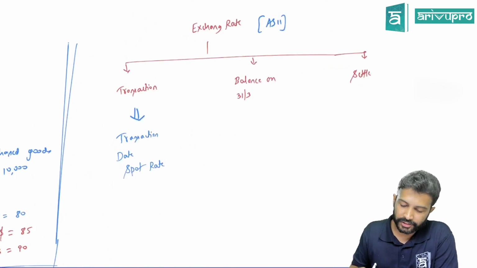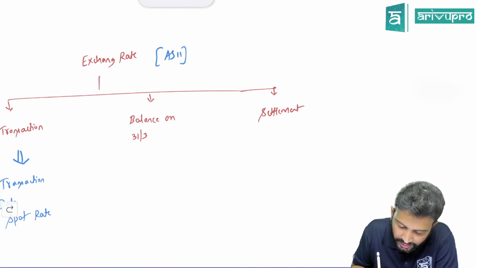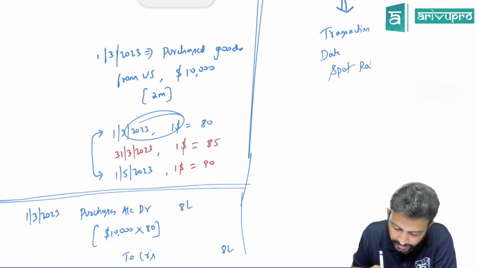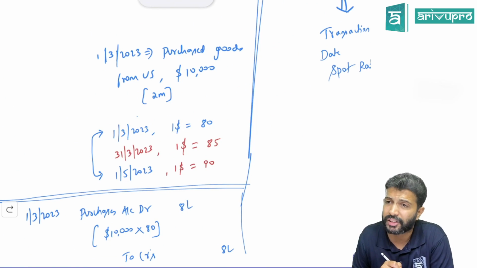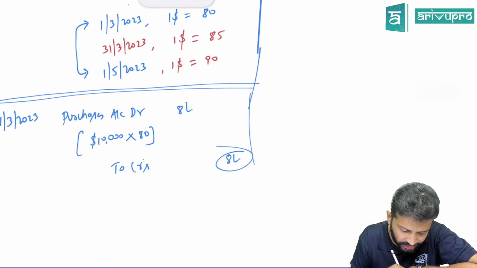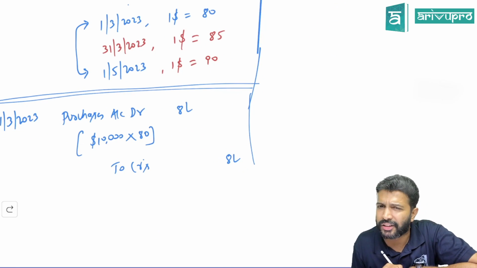What the standard says is, in between transaction date and settlement date, if there is any balance, should you have to pay this creditor? Yes. Have you already paid, or is there any balance? Balance. Correct?